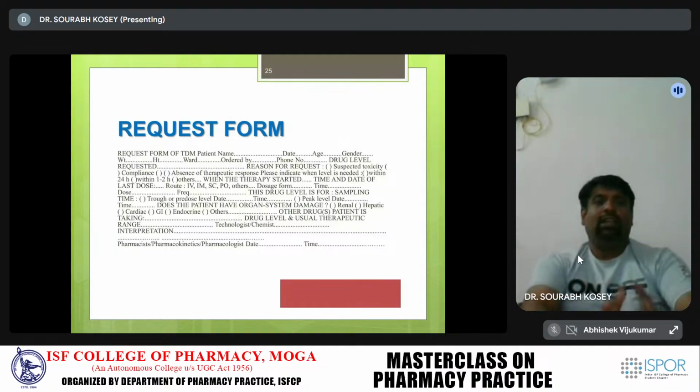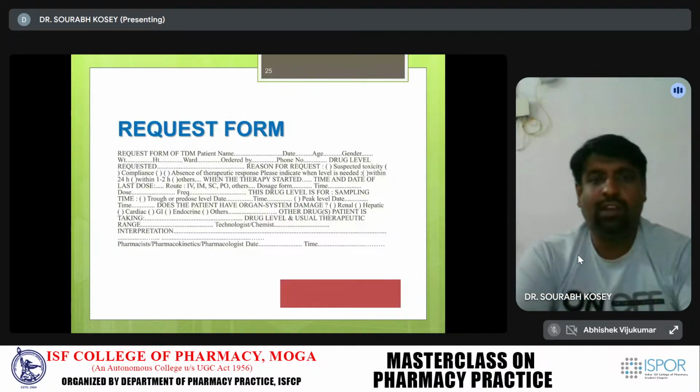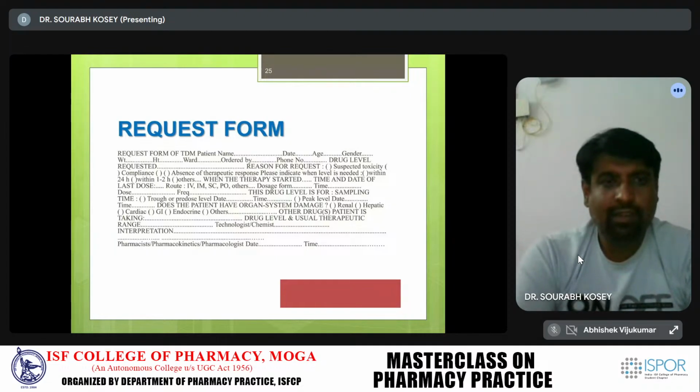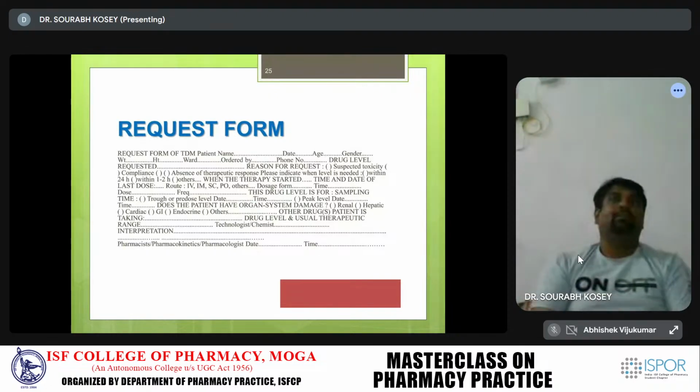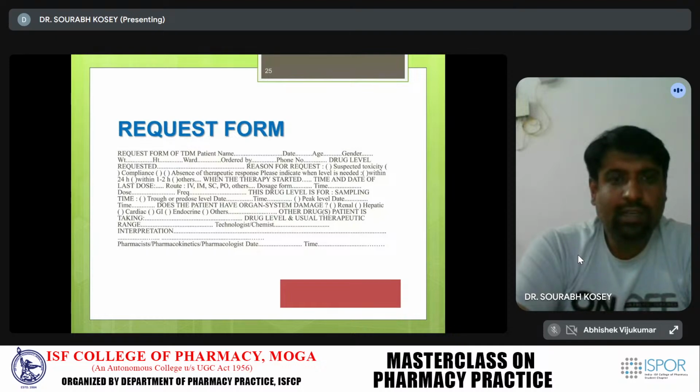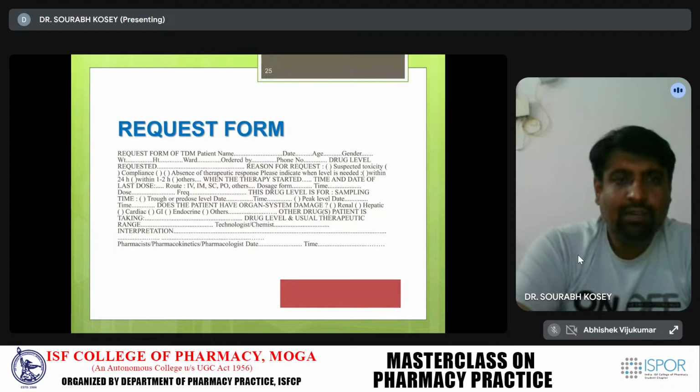So for doing therapeutic drug monitoring at a clinical level, you should have a request form, which includes the personal demographics: patient name, age, sex, gender, height, weight, ward, and by whom it is ordered. Then the drug level, the time and date, and when the therapy started: date, time, route (IV, IM, subcutaneous, per oral), dosage form, time, dose, frequency, drug level or sampling time, trough or pre-dose level, time, peak level.